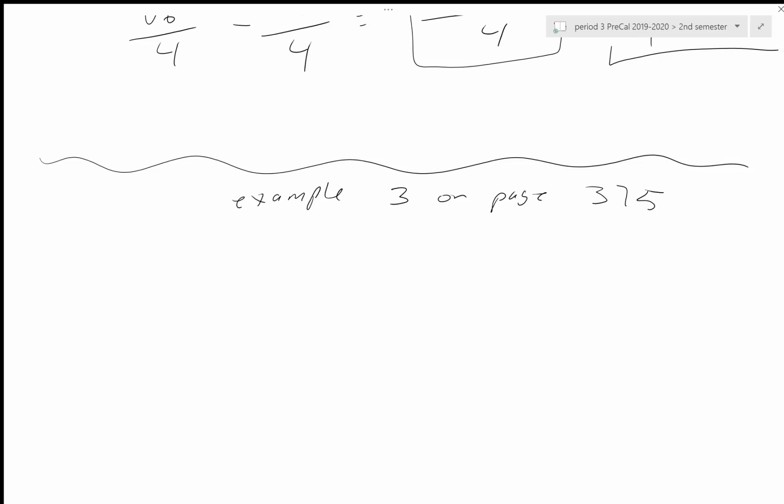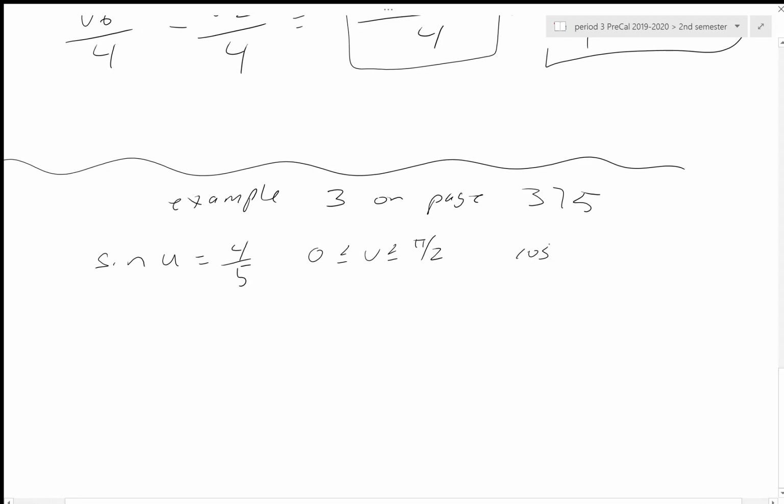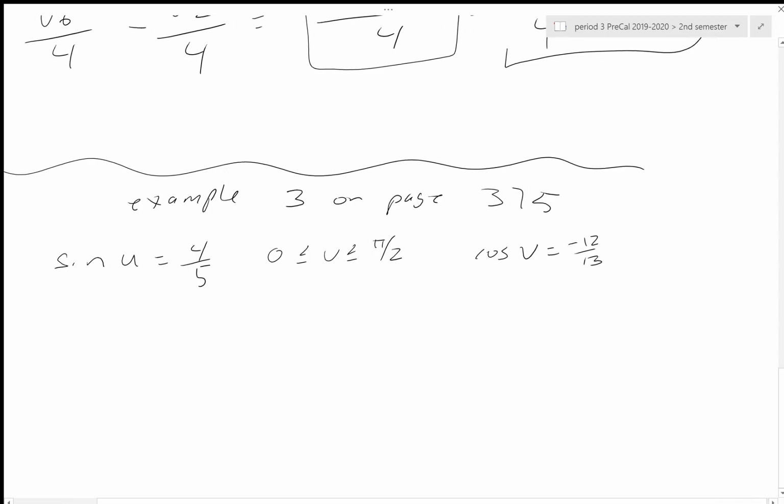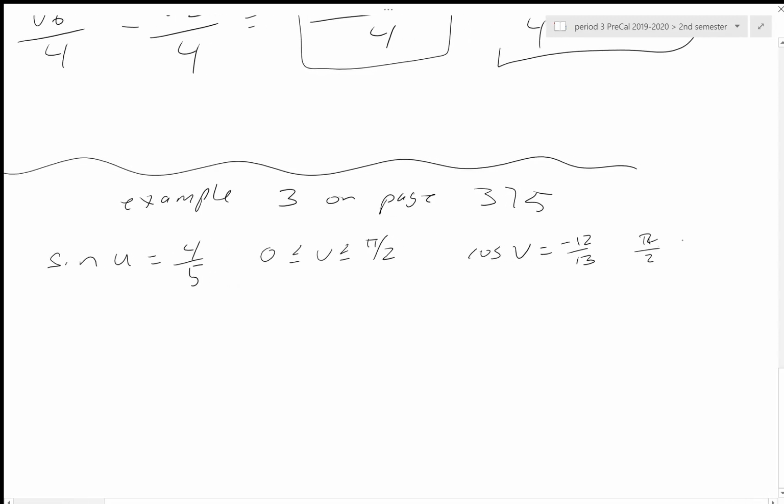But you're given sine of u equals 4 over 5, and it's between 0 and pi over 2. And you're given cosine of v equals negative 12 over 13, and that's between pi over 2 and pi.